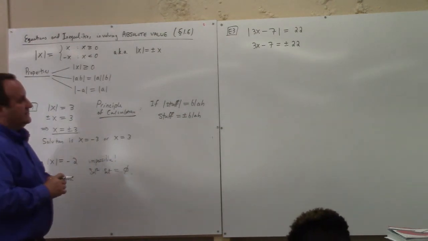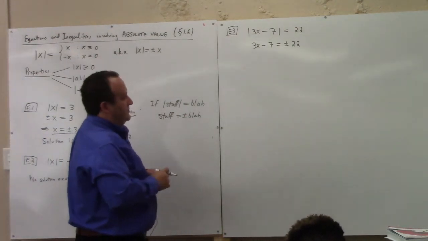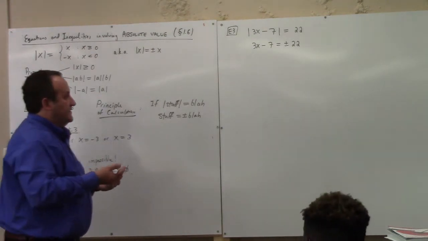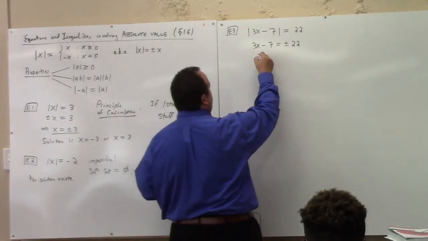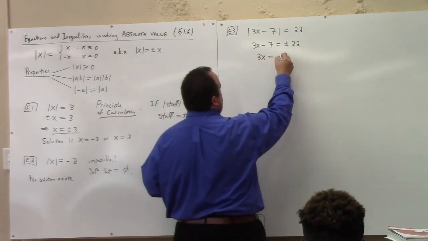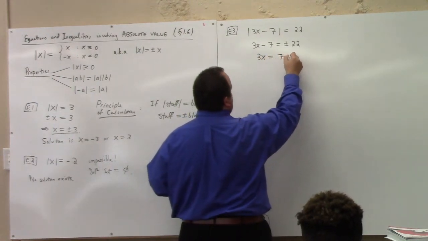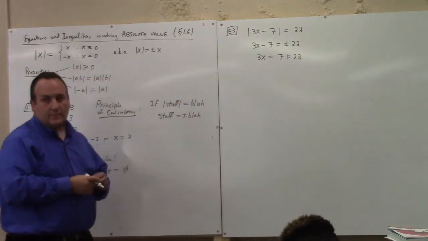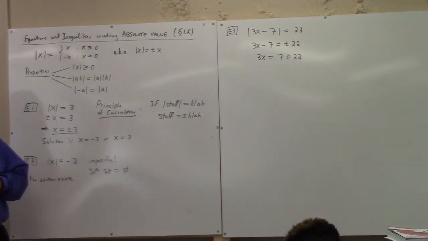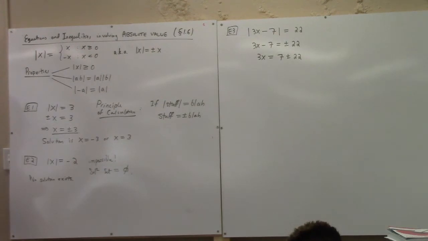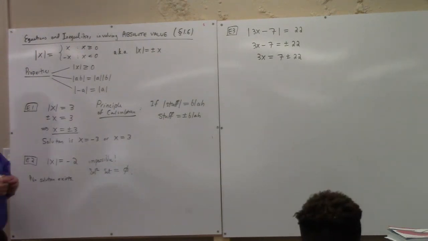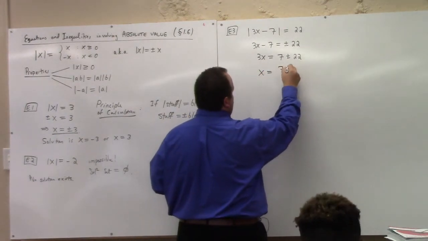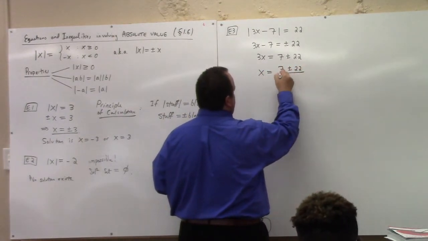So then I do what? I try to solve for x like we did before. And so this gives me 3x is equal to 7 plus or minus 22. Add 7 to both sides. And then what? Divide by 3. Very good. So we get x is equal to 7 plus or minus 22 divided by 3.